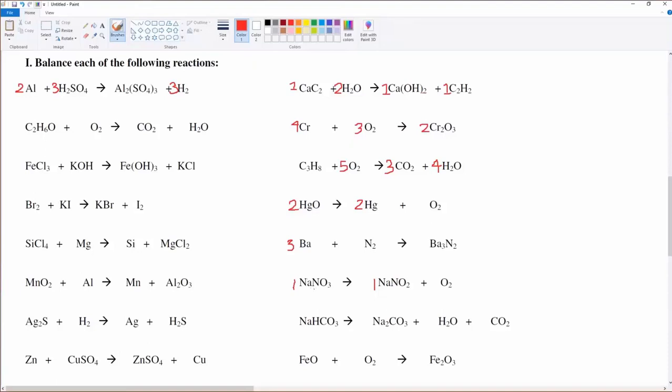My nitrogens and my sodiums look good. It's my oxygens that are a problem. Sarah says 4 NaNO3, but why? What's your strategy here?